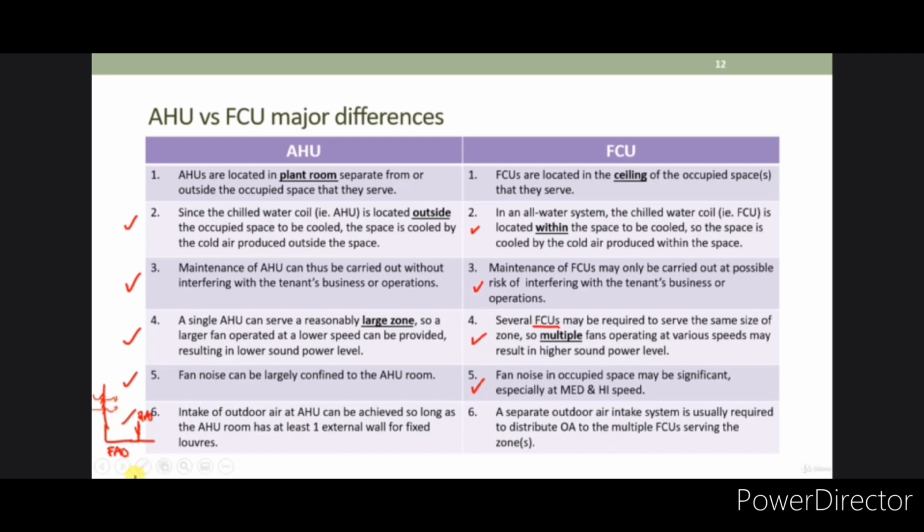So you will be able to provide a certain amount of fresh air into the space through this method. For fan coil unit, it's much more complicated and not as straightforward, because the fan coil unit is at the space itself, so you may need a small air duct to help draw in the fresh air, which may not be possible for all places.